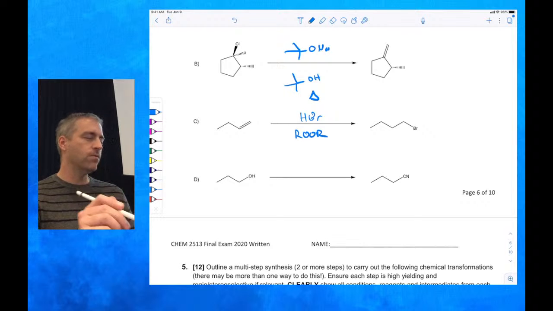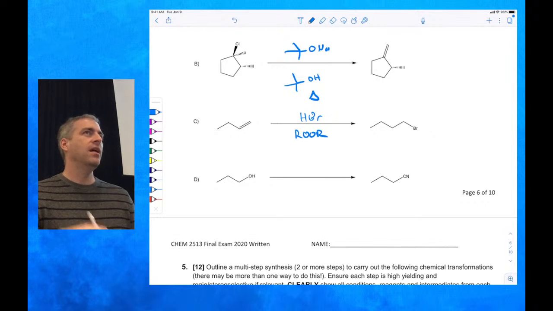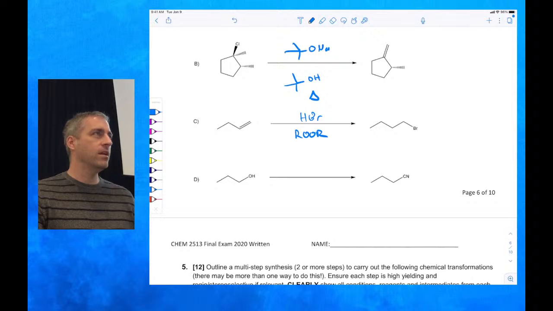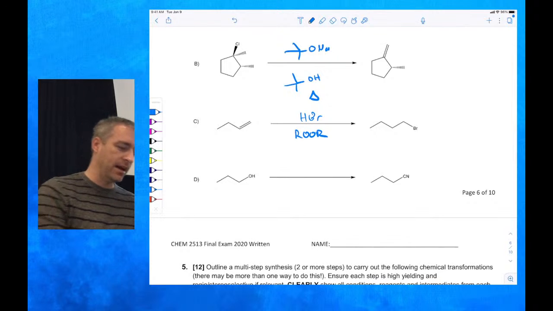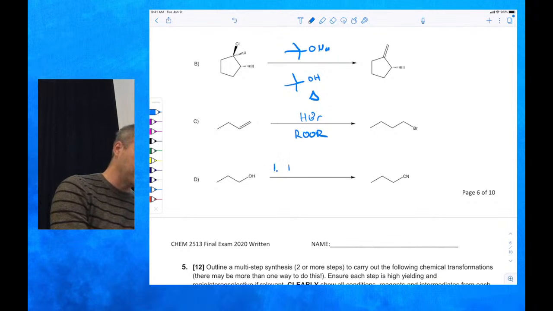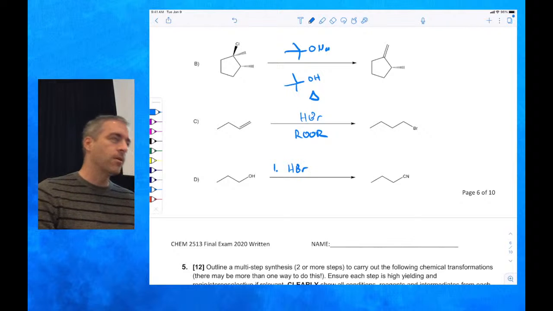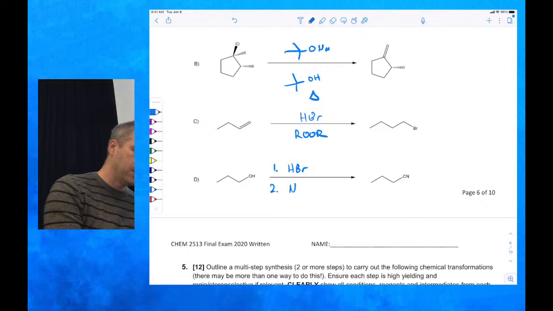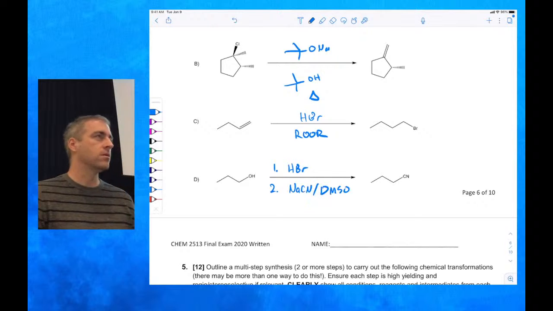You need to first convert the OH to a leaving group, and then you can replace it with cyanide. So the first step, you could just use something like HBr and convert the OH to a bromide, and then in the second step, you could use cyanide, DMSO. You could also, if you wanted in the first step, use a mesylate or a tosylate or a triflate. It'll do the exact same thing.